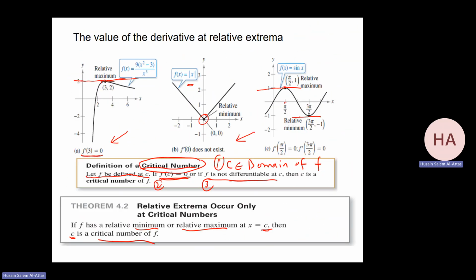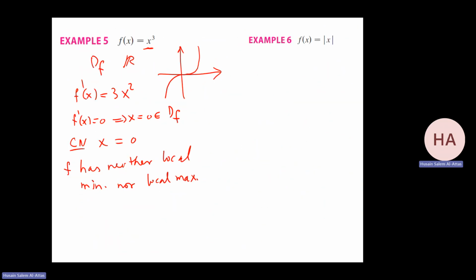No. But what is this theorem saying? If f has a relative minimum or maximum, then c is a critical number. The converse of this is not true. It doesn't mean that if I have a critical number, I should have a relative minimum or relative maximum. And this is a clear example where I have a critical number, but f still has neither local maximum nor local minimum.